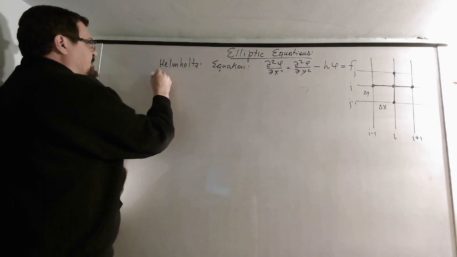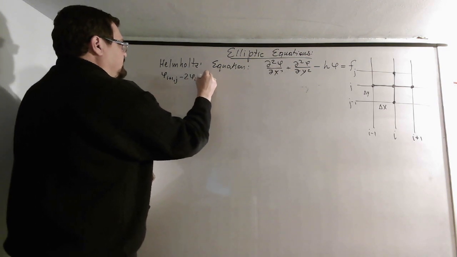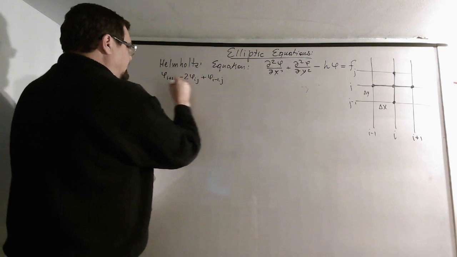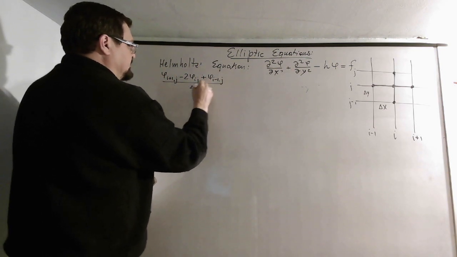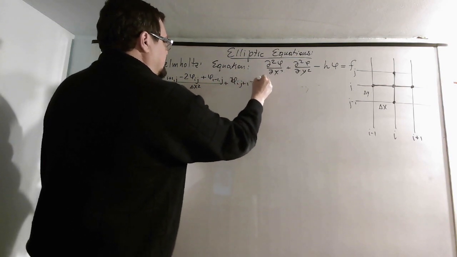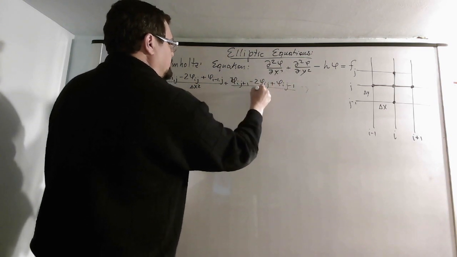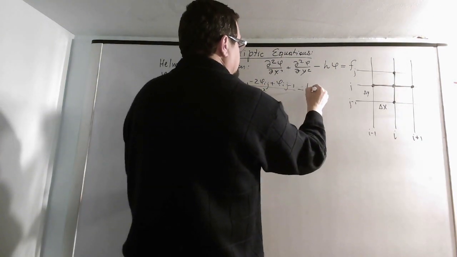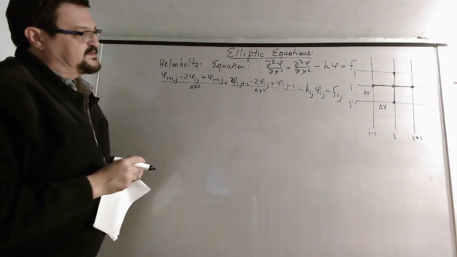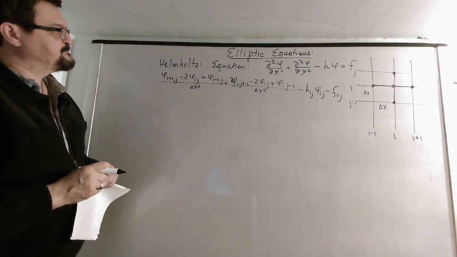We have phi i plus 1 j minus 2 phi i j plus phi i minus 1 j divided by delta x squared, plus phi i j plus 1 minus 2 phi i j plus phi i j minus 1 divided by delta y squared, minus h i j phi i j equals f i j. So this is our typical approximation of the elliptic equation, in this case the Helmholtz equation.